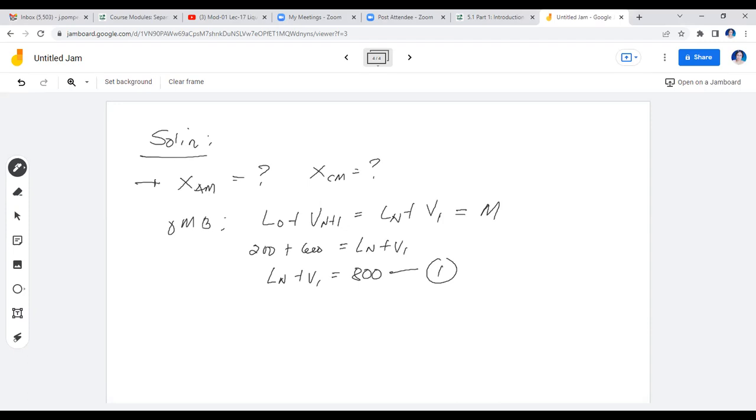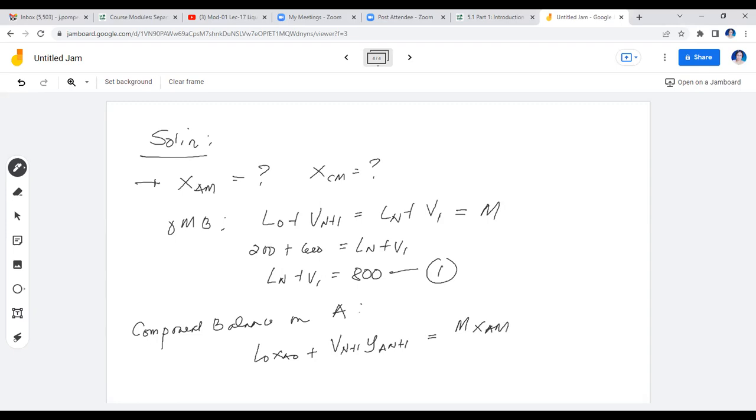If I do a component balance on A, how will I do it? I will have L sub O X sub AO plus V sub N plus 1 Y sub A N plus 1 equal to M X sub AM.